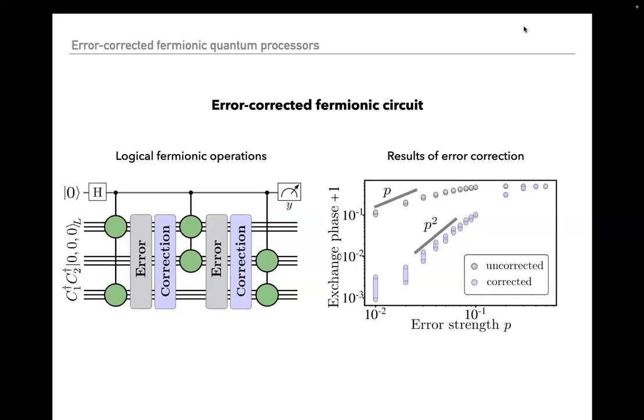But maybe you can get some estimate for the numbers. Here you see this is essentially 6 layers of operations, and this error strength is the probability of each individual mode at every one of these layers failing. What I don't show here is the reference: for each logical mode you need 2 extra atoms to exchange with the system.